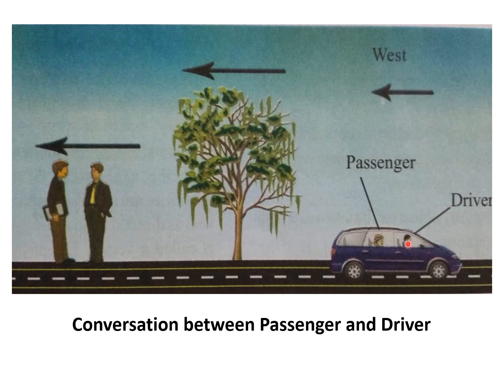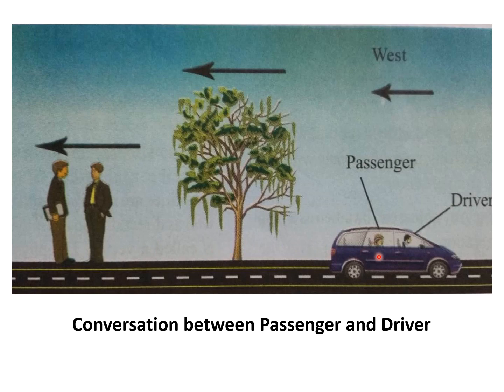Now the driver is asking, what is the state of motion of a tree? Passenger, according to this driver, because they are moving in the east direction, will give the answer towards west, because west is opposite to east direction. Now the driver asks, what is the state of both the persons beside the road?